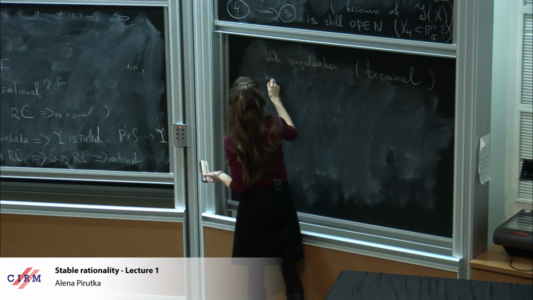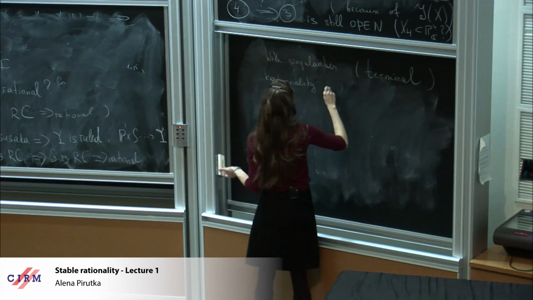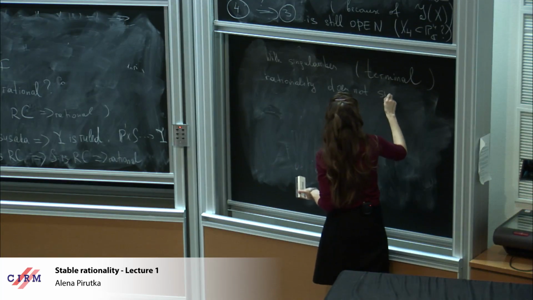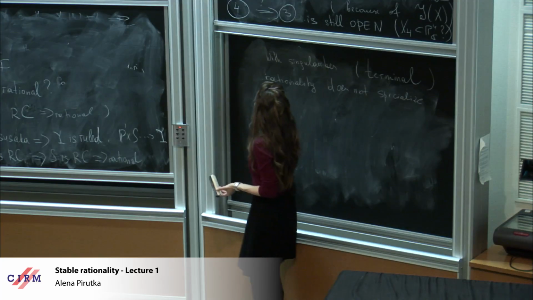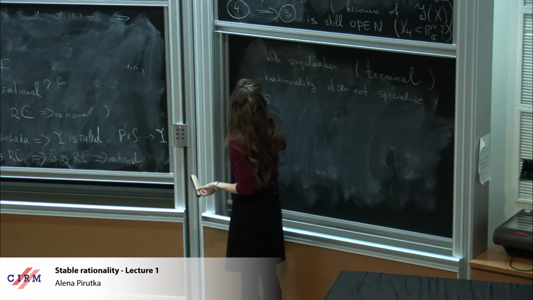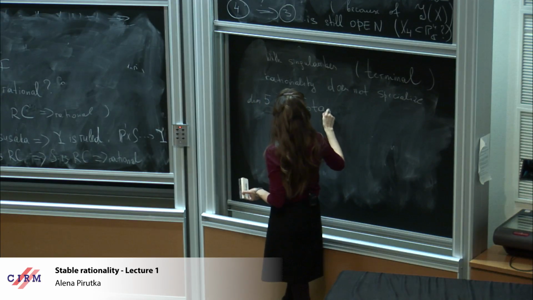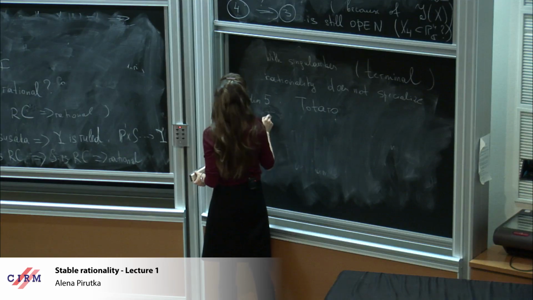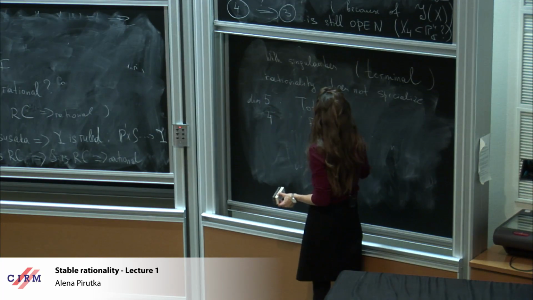Okay, rationality does not specialize. In dimension 5 and more, there are examples of Totaro. And in dimension 4, there was a recent preprint by Perry.